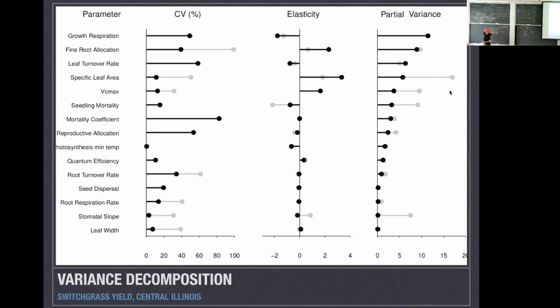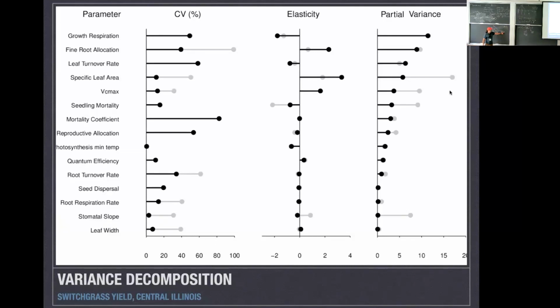So I would argue that leaf turnover rate is here, and SLA is here. If I double this sample size, I get a much greater reduction in uncertainty than if I do a similar increase in sample size here, because I'm at the point of diminishing returns.